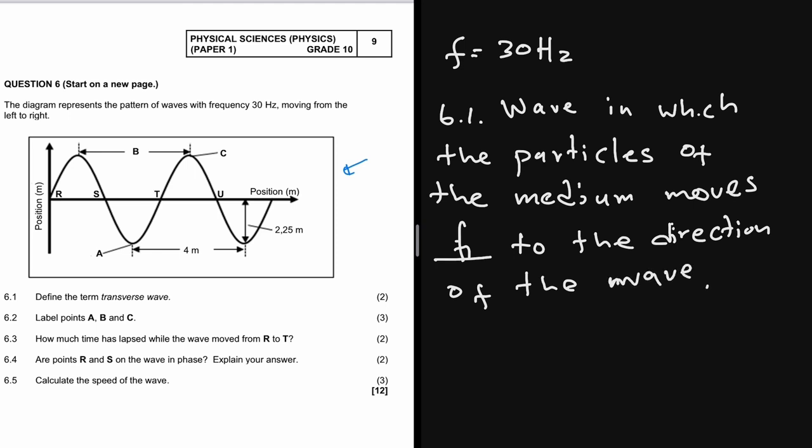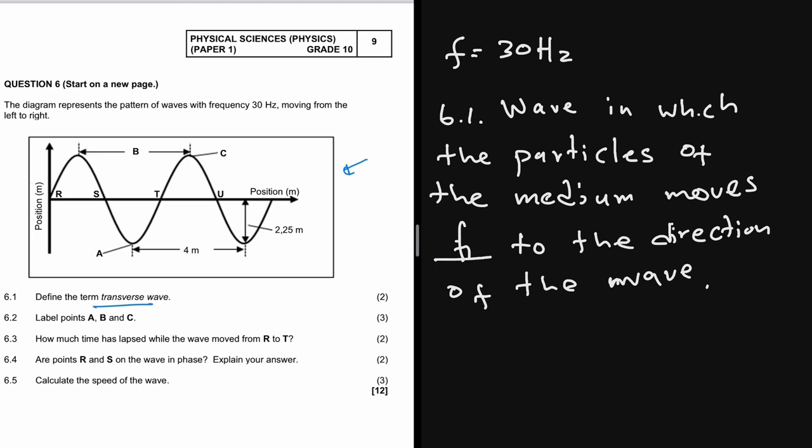Okay, so that is what we call a transverse wave. Remember, if you want to define a longitudinal wave, we're just going to say it's a wave in which the particles move parallel to the direction of the wave or to the medium of propagation.